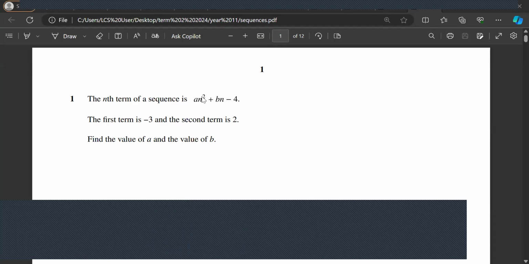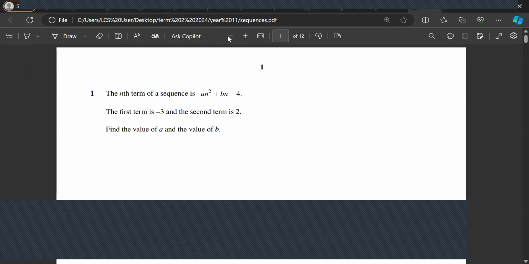Okay, look here. He's telling me the nth term of a sequence is an squared plus bn minus 4. And he's giving me two pieces of information: the first term is -3 and the second term is 2. Please, there is a difference between the position of the term, which is n, and the value of the term, which is the number itself.